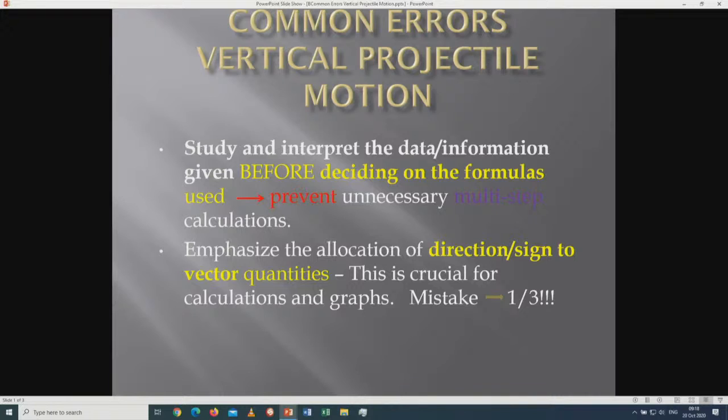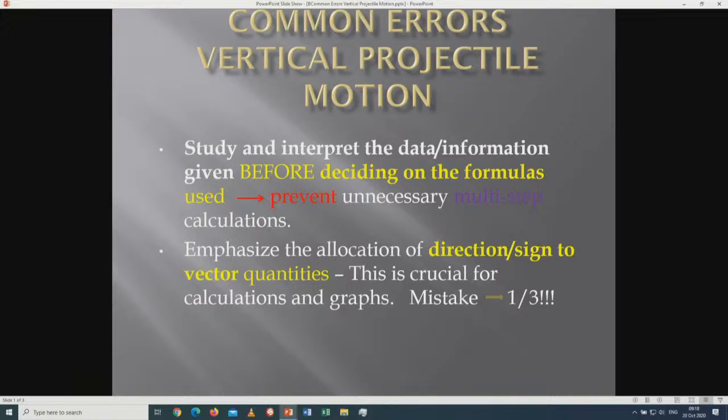You know, many of the questions on vertical projectile motion count 3 marks. So firstly, choose the correct formula. But then secondly, you must make sure that you assign the correct direction signs to a specific quantity. You normally are working with a projectile moving upwards and downwards.